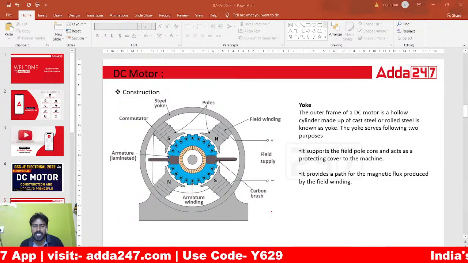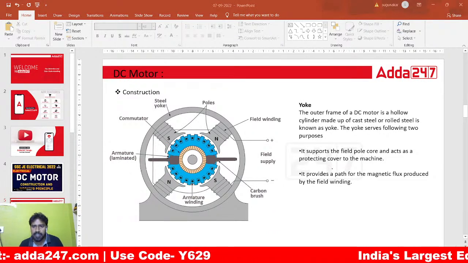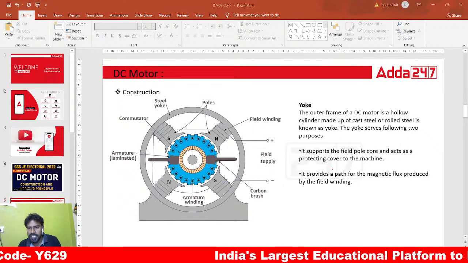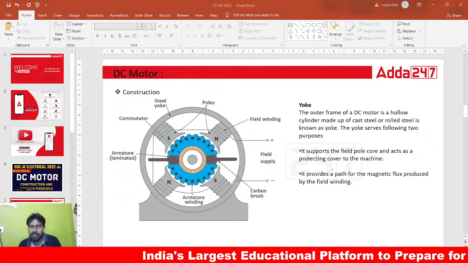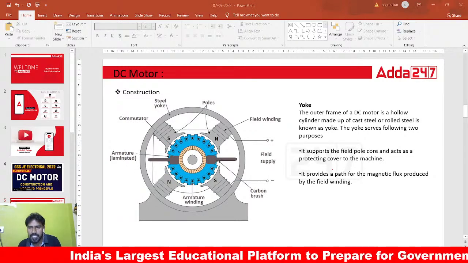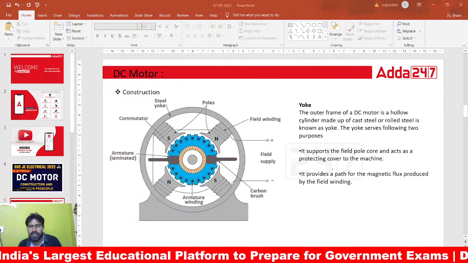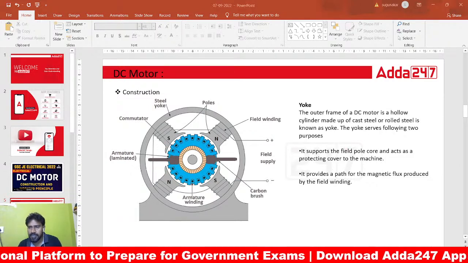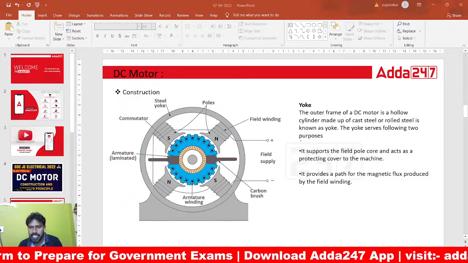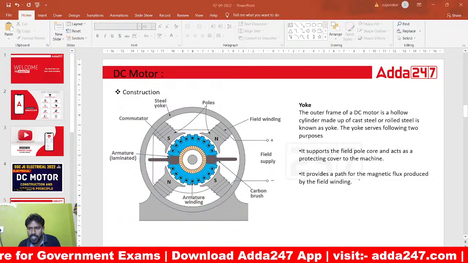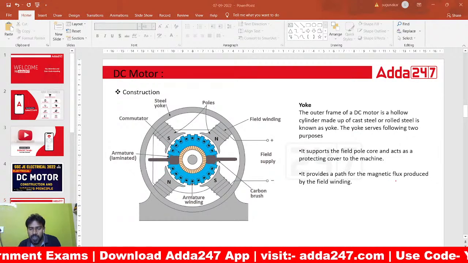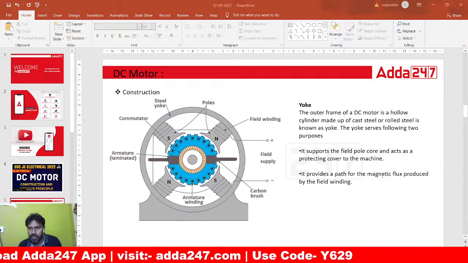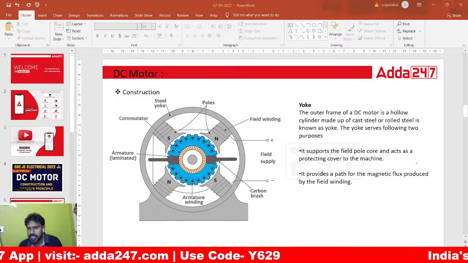It protects the entire constructional part from atmospheric conditions, whether rainy season, or from animals, birds, and from human beings. So it's like a protecting cover. Second one is it allows the magnetic flux in a low reluctance path.